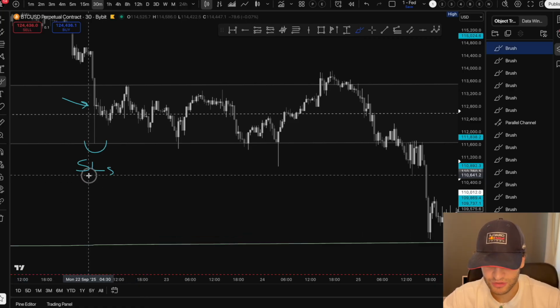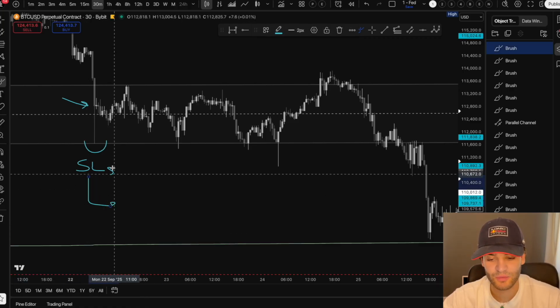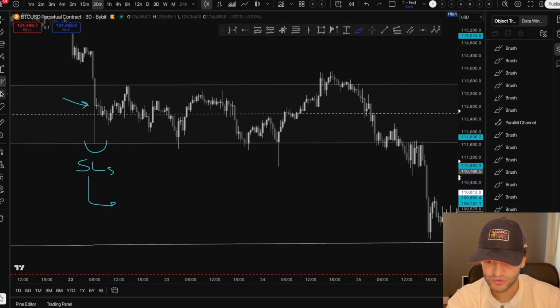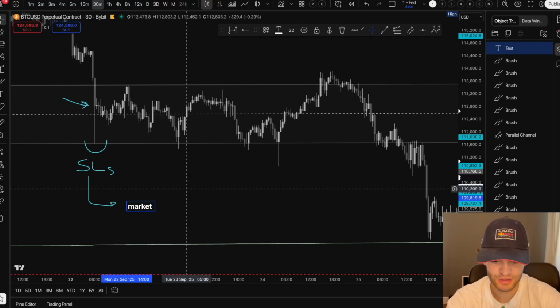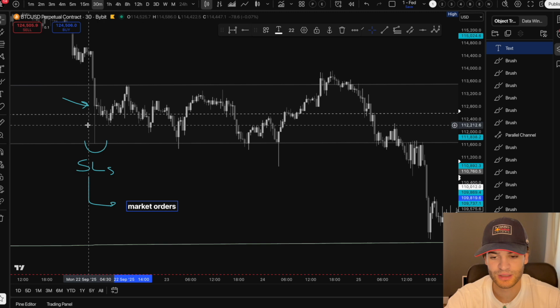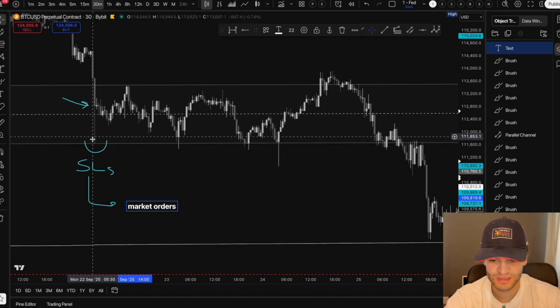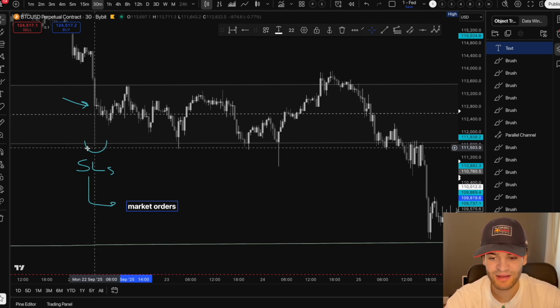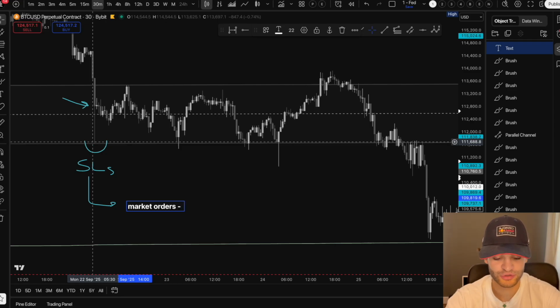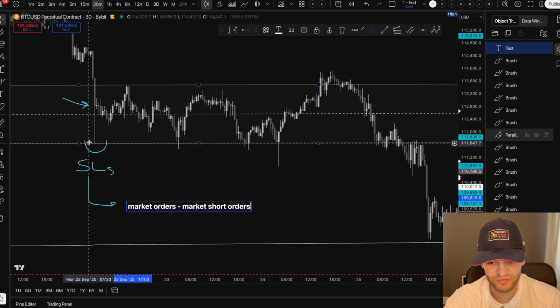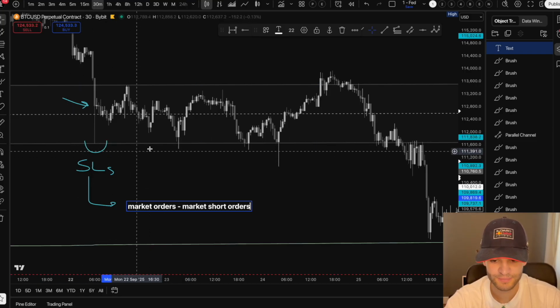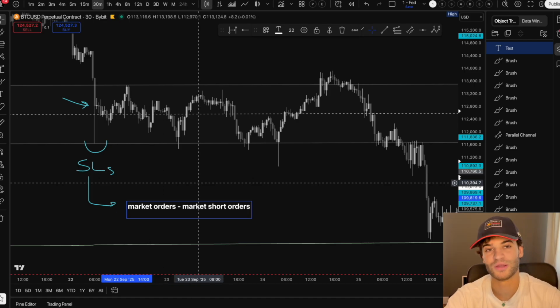And let me explain what stop losses are for traders that went long. Stop losses are simply market orders in the opposite way of the trade. So for example, people that bought here have to set market short orders in order to get out of their long in case the price goes to their stop loss. Okay?